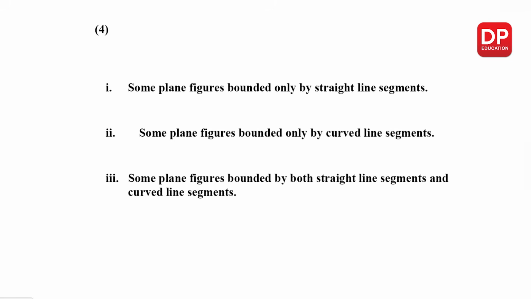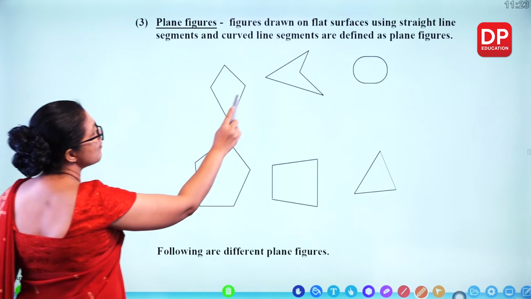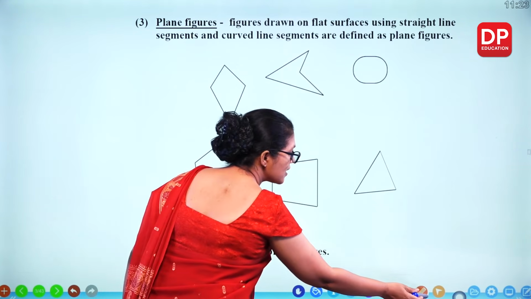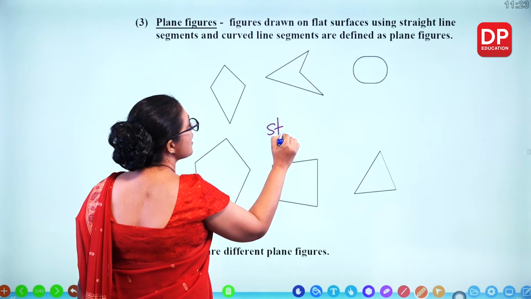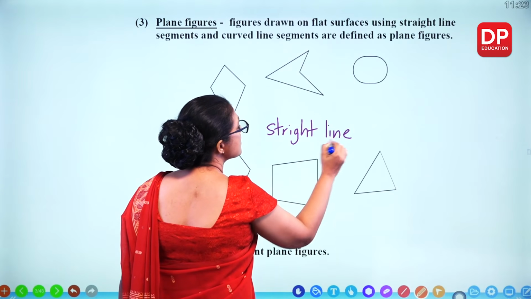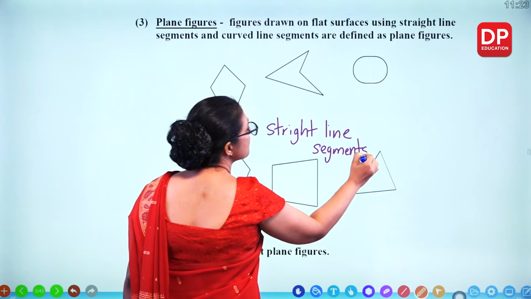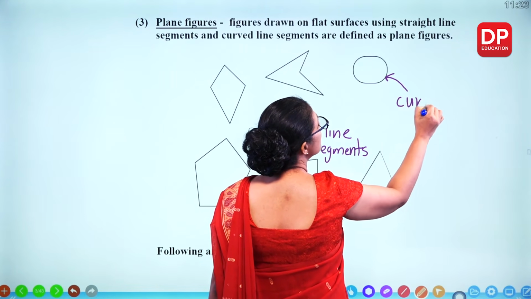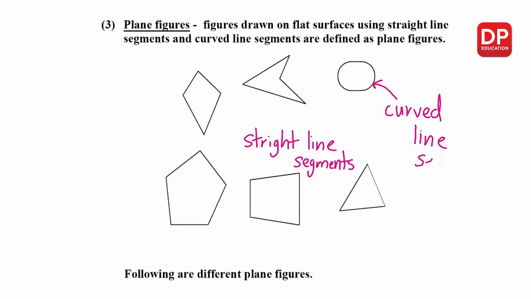Some plane figures are bounded only by straight segments. 1, 2, 3, 4, 5. All these 5 are bounded by straight line segments. This one is bounded by curved line segments.